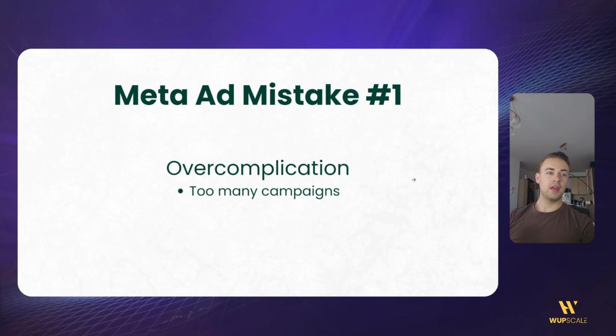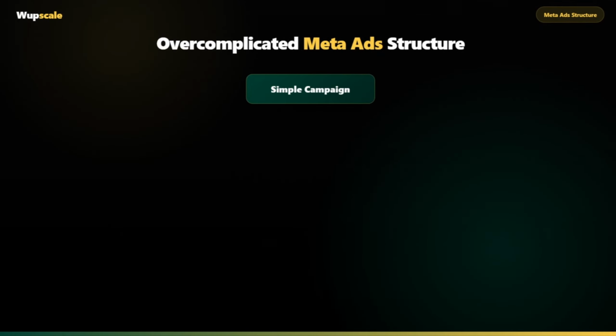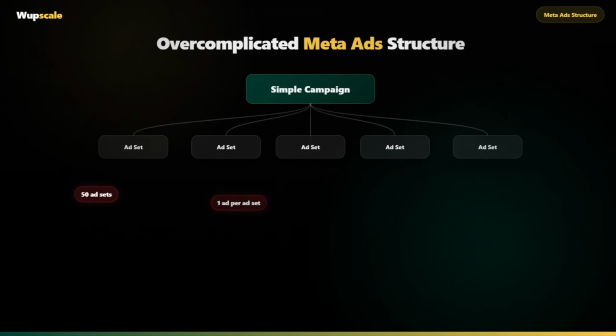So think of having too many campaigns in your ad account or having a crazy setup. For example, I had a client who previously had a campaign setup where he had one ad set and each ad set had one ad inside. So for each campaign, he had around 50 ad sets and each ad set only had one ad.